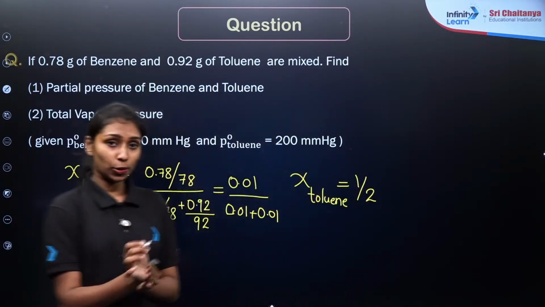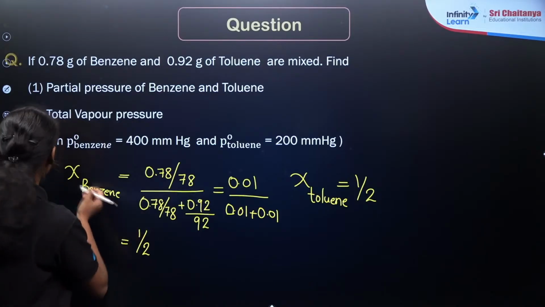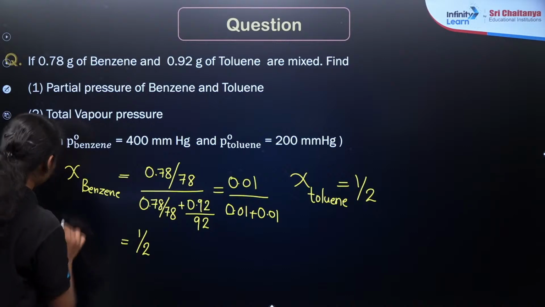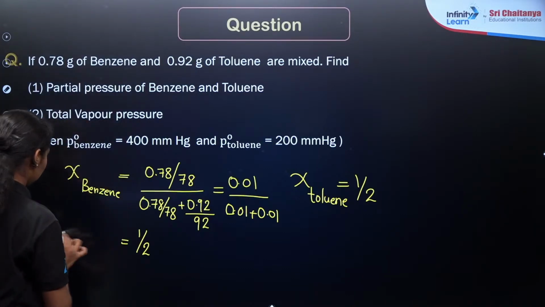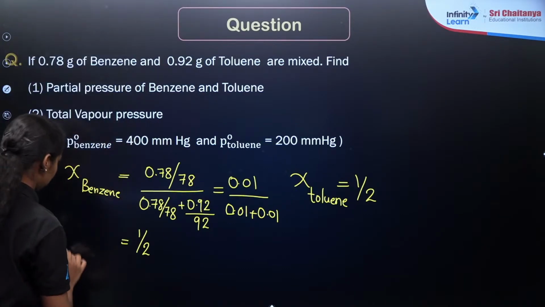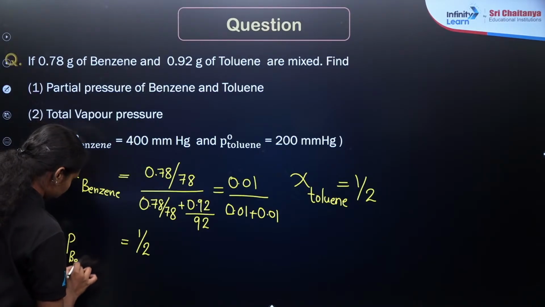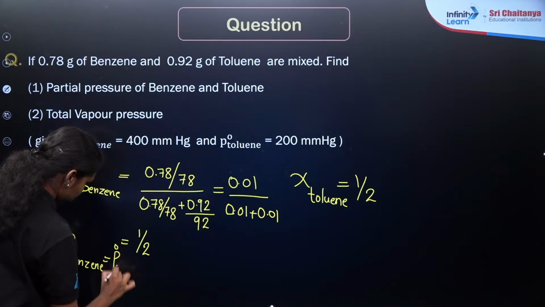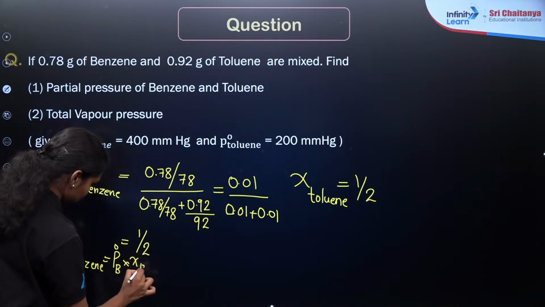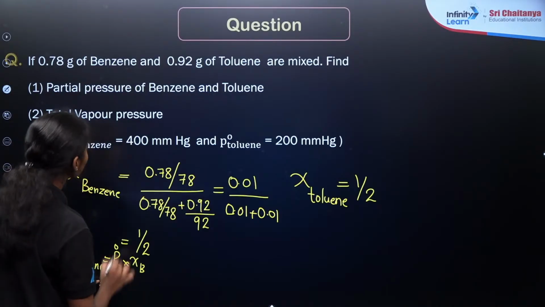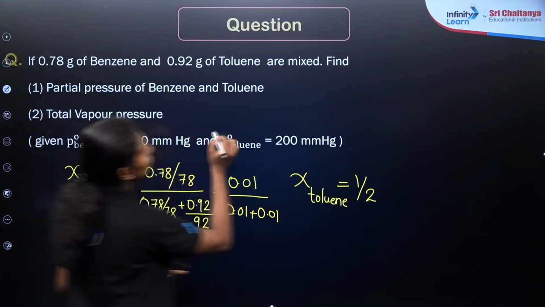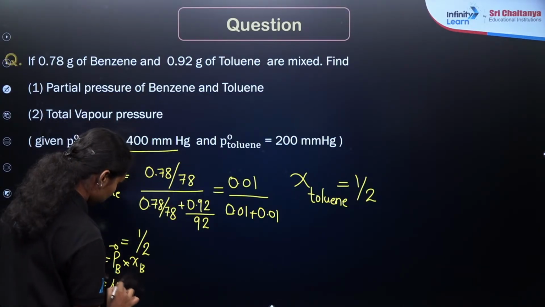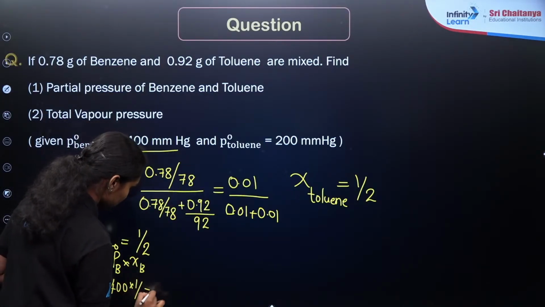Then apply Raoult's law here. 400 into 1 by 2 is equal to 200.